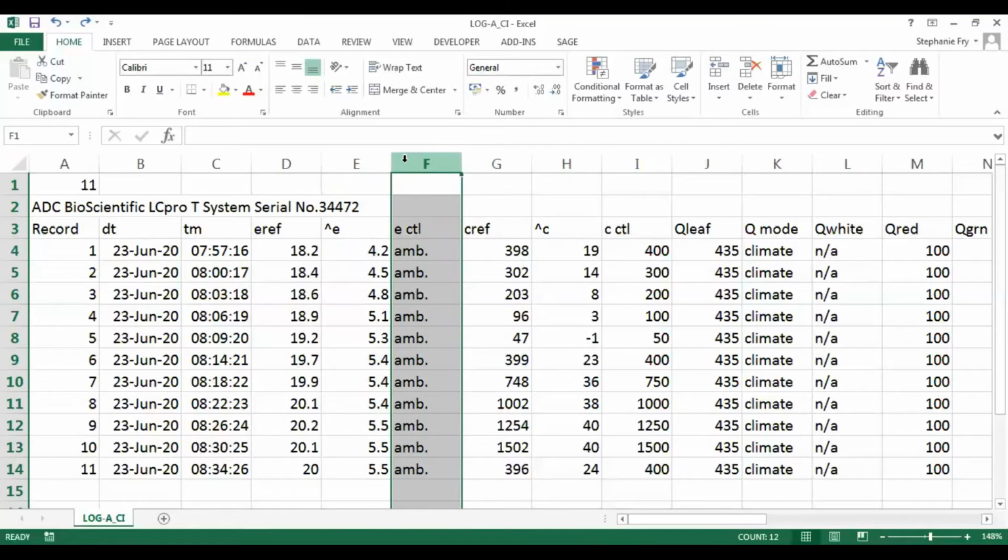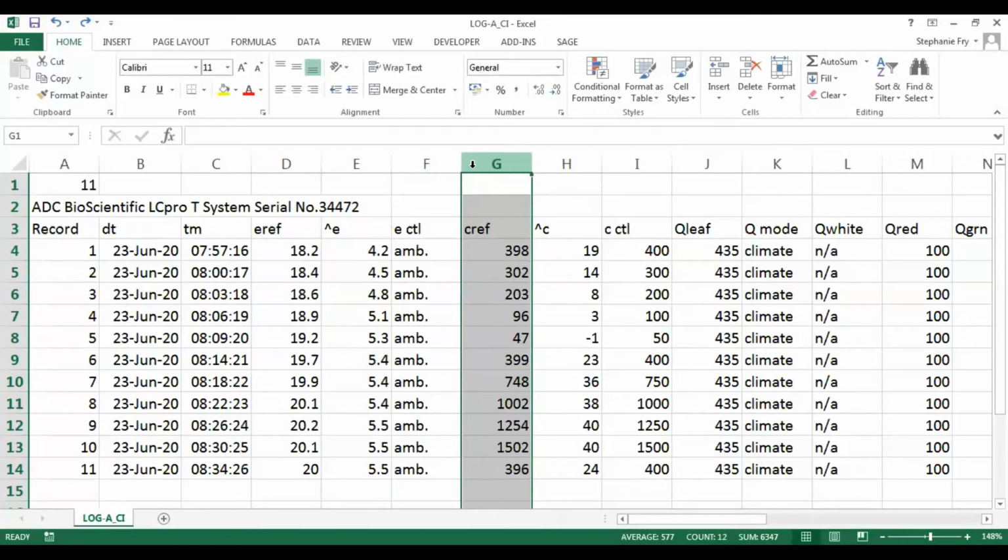In column G, C reference tells us the achieved values from within the analyzer that are given from the CO2 cartridge installed. These values are given in parts per million.